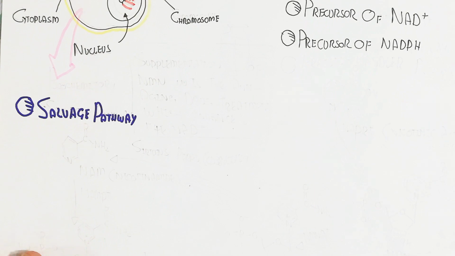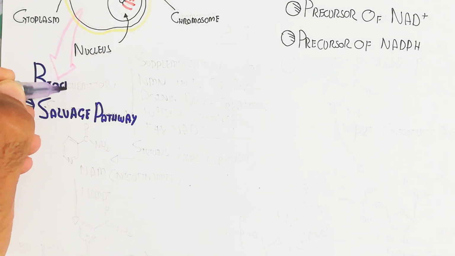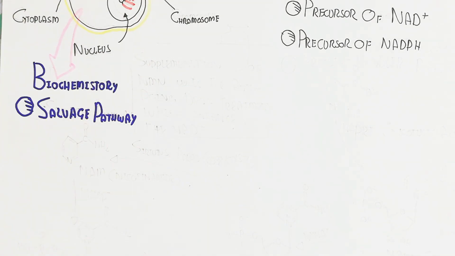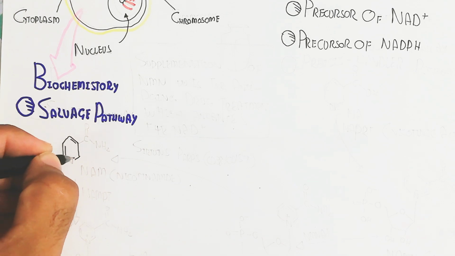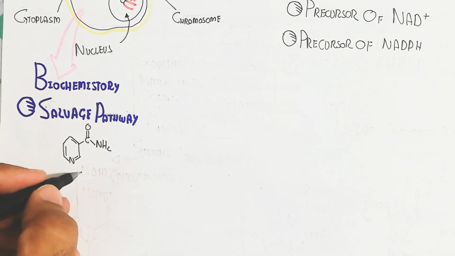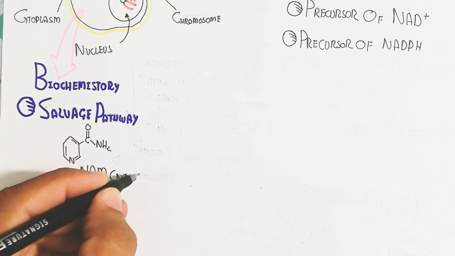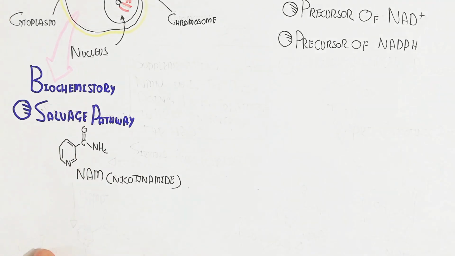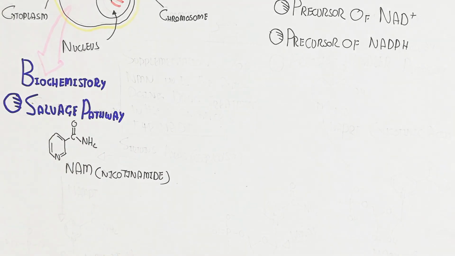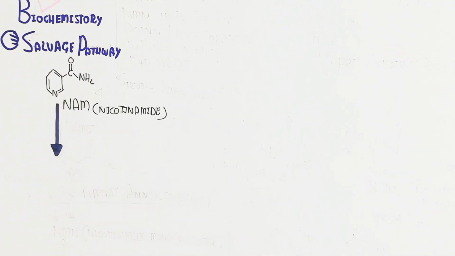Here, nicotinamide will be converted into NMN. This is nicotinamide, NAM, which in the presence of NAM phosphoribosyltransferase enzyme is used to produce the NMN.